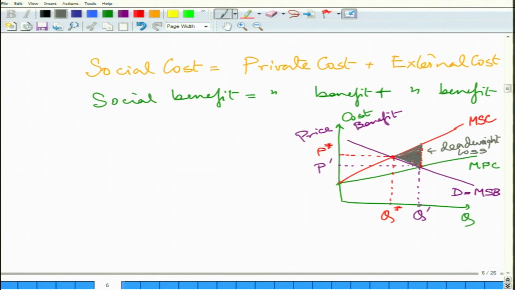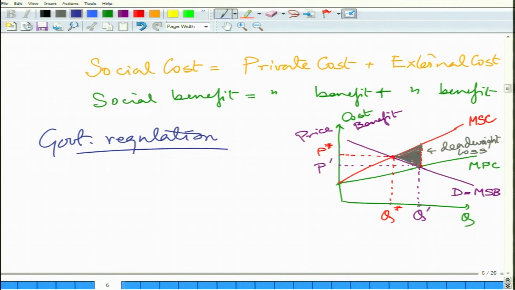What they can do is impose a tax. Here the government has to regulate. So government regulations come in, and they can eventually bring in property rights.